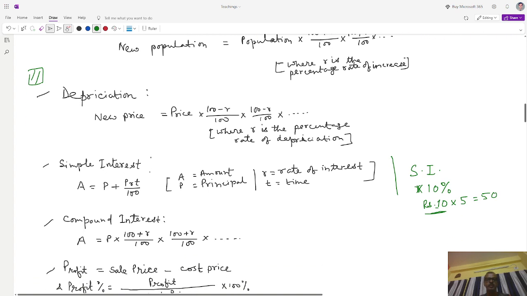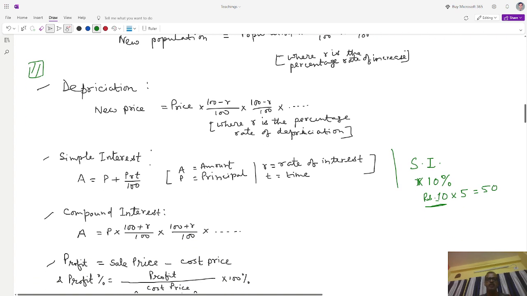But for compound interest, the interest amount will change every year. That is why it is known as compound interest.